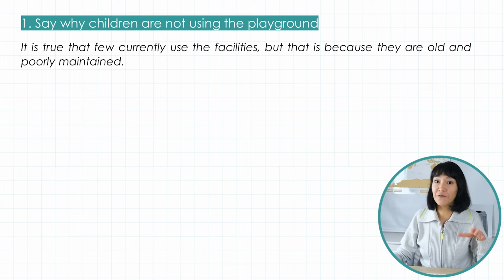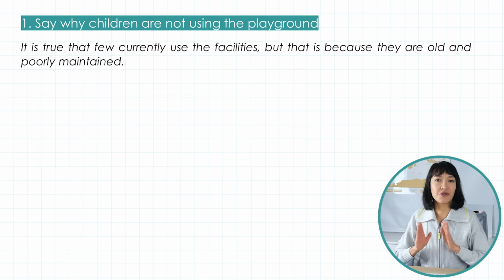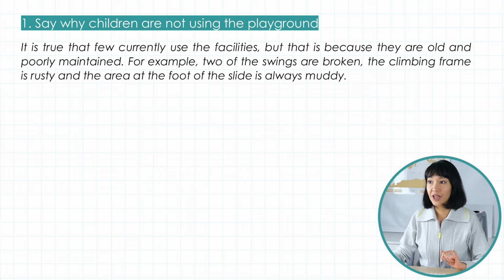So this is a perfect moment to use some topic-specific vocabulary, if you can. But we're not expected to be experts on children's playgrounds. For example, 2 of the swings are broken, the climbing frame is rusty, and the area at the foot of the slide is always muddy.